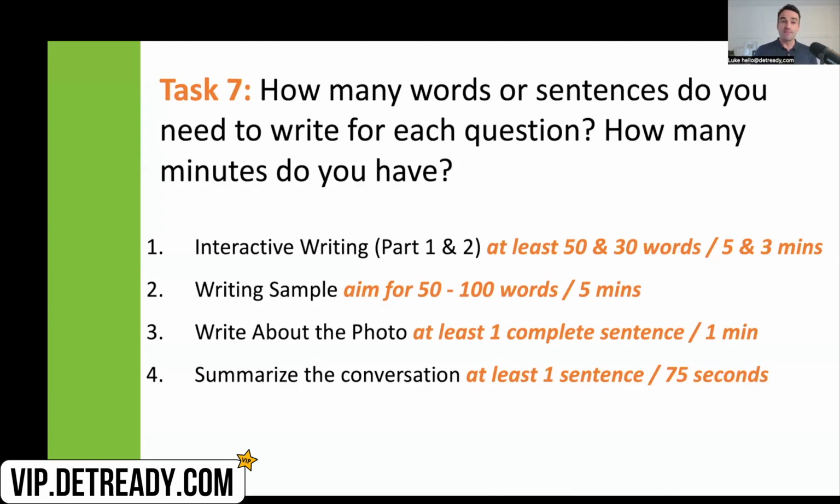Okay, for the writing sample, you have 5 minutes to write. And again, I think you should aim for between 50 and 100 words. Now, this one is particularly important because the universities you apply to can see your answer. I don't know if they will.